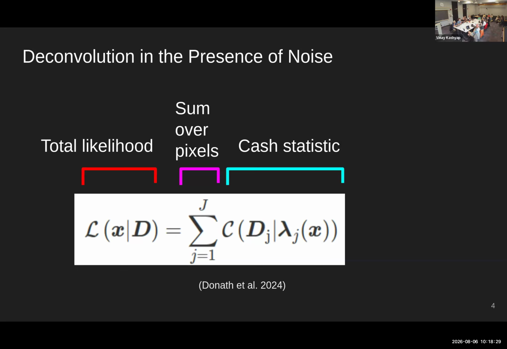For each of the pixels, you have a certain number of counts, and you're trying to recover the average number of counts that should have fallen on that pixel. For the astrostatistics people, this is the CHASC statistic, where D_j is the number of counts you've observed in that pixel, and lambda_j(x) is the mean number of expected counts in that pixel.